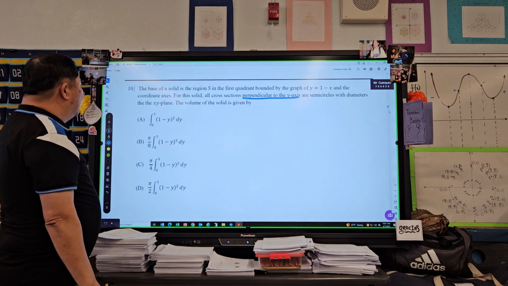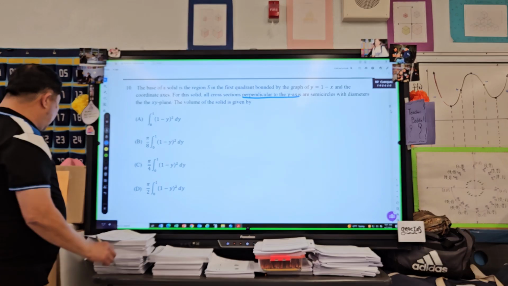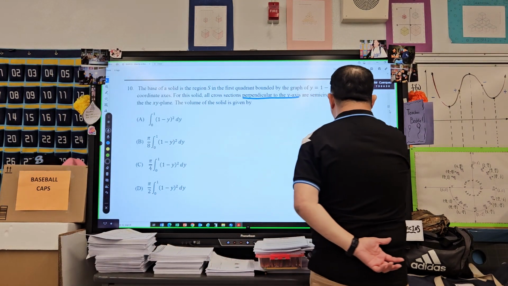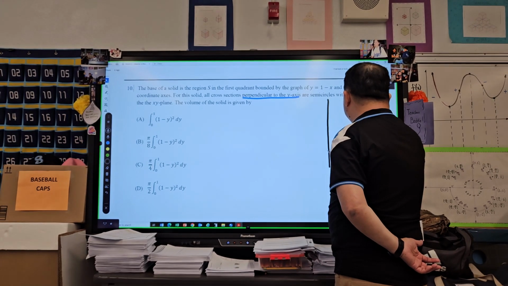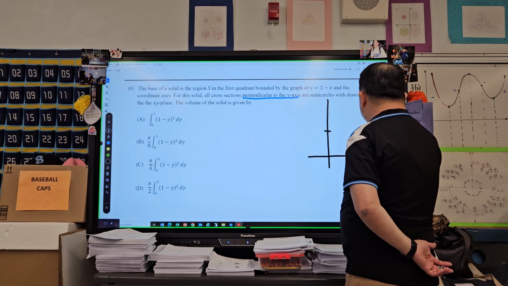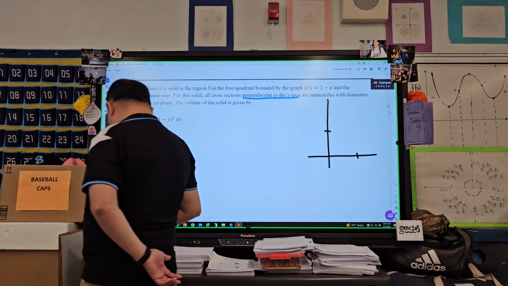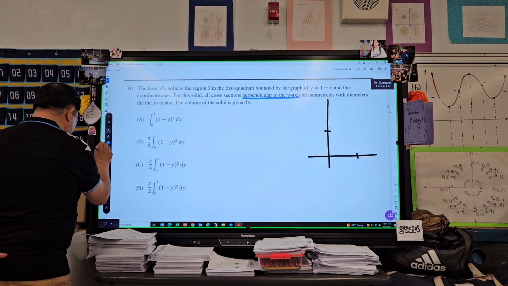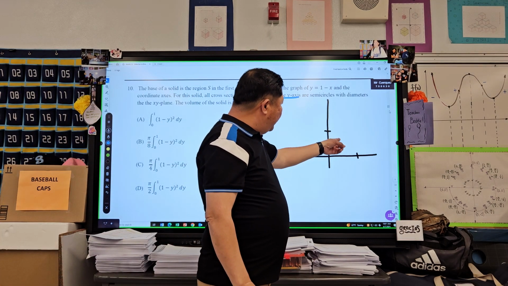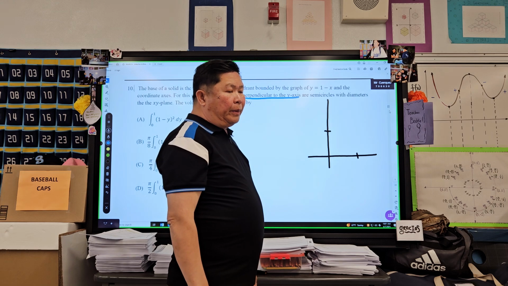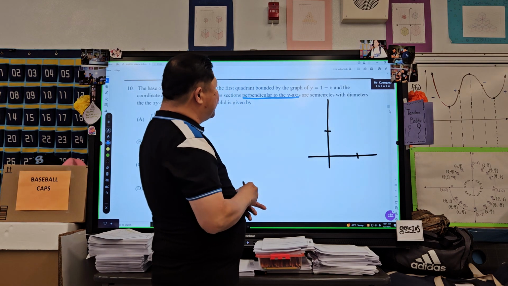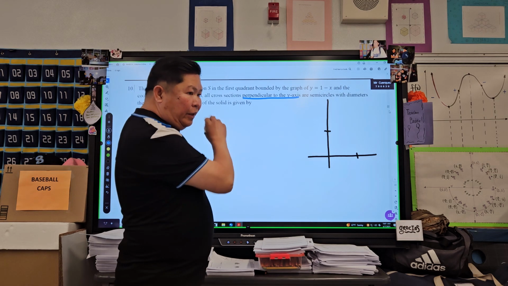So first we're going to draw the line that will cross right here at 1 and 1, okay, because that's the graph of y equals 1 minus x.